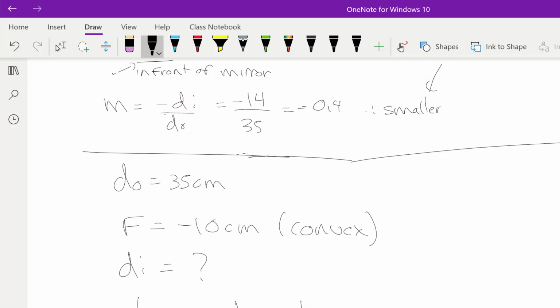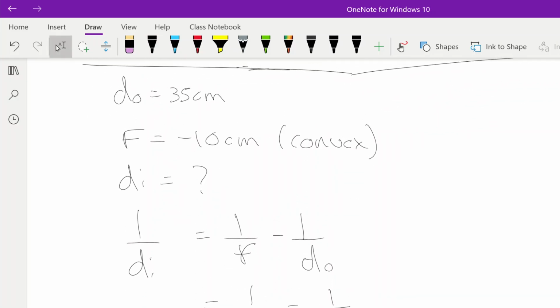I get negative 12.857, but I have to take the reciprocal of that, and I get negative 7.78 centimeters. Now, because this number is negative, it's less than 0. So therefore, this image is virtual. So it's behind the mirror and upright.